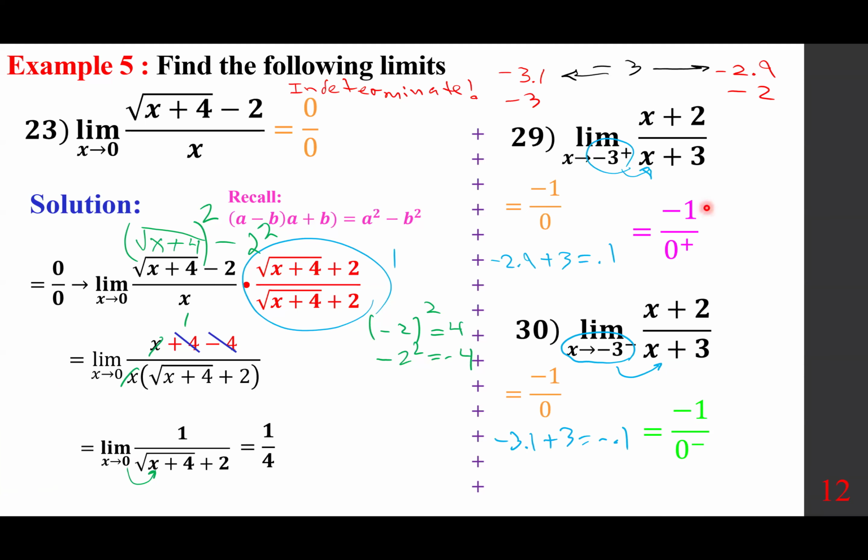So this one is negative over positive, so becomes negative infinity. This one is negative over negative, becomes positive infinity. And that's the difference between the two. And this is a very simple methodology to do it.